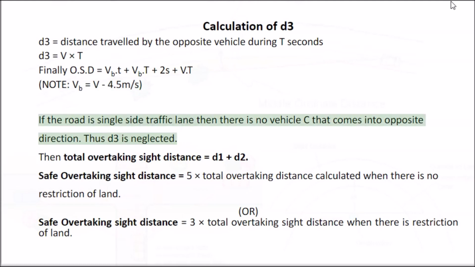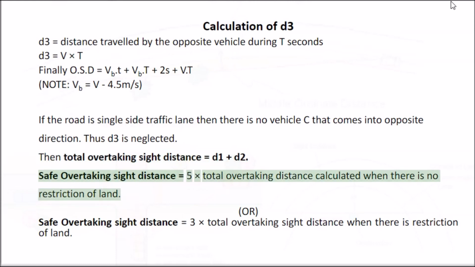If the road is a single-side traffic lane, then there is no vehicle C that comes from the opposite direction. Thus D3 is neglected. Then total overtaking sight distance equals D1 plus D2.